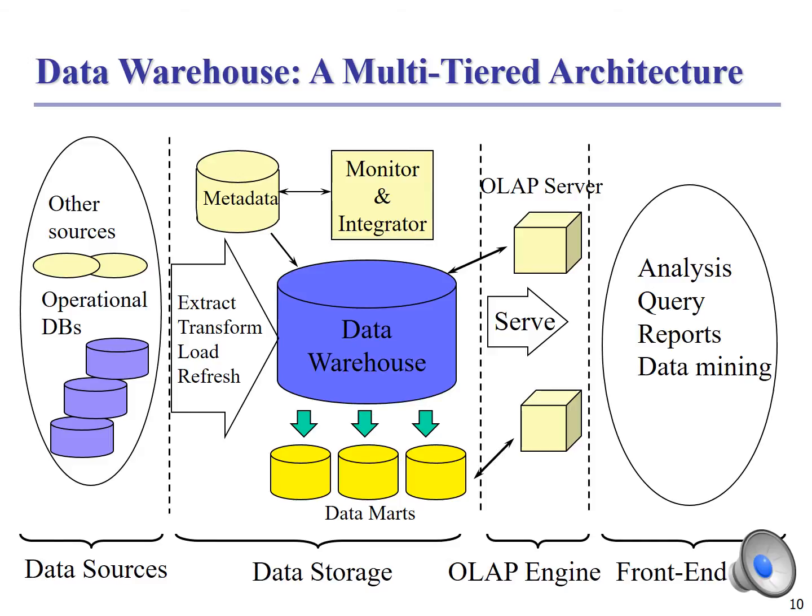Now, the next level, your third tier, has your online analytical processing server. Just like you have your database management system, which gives the front end and your database stored in the back end, it is a mechanism to tie these two.